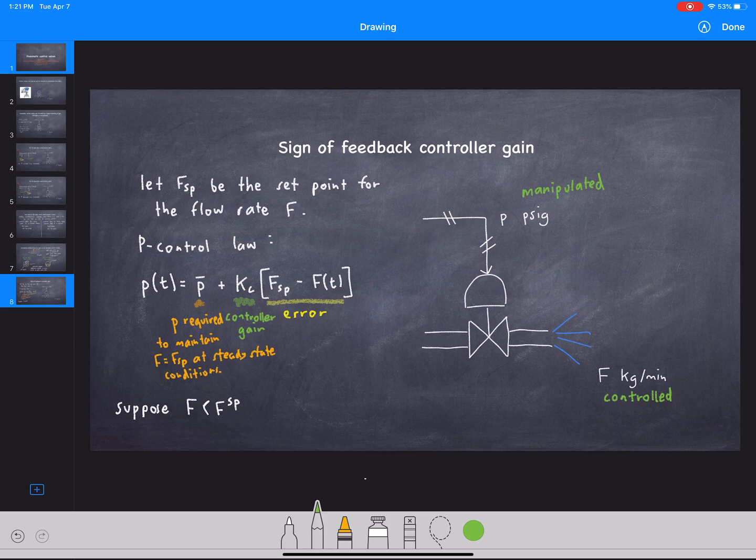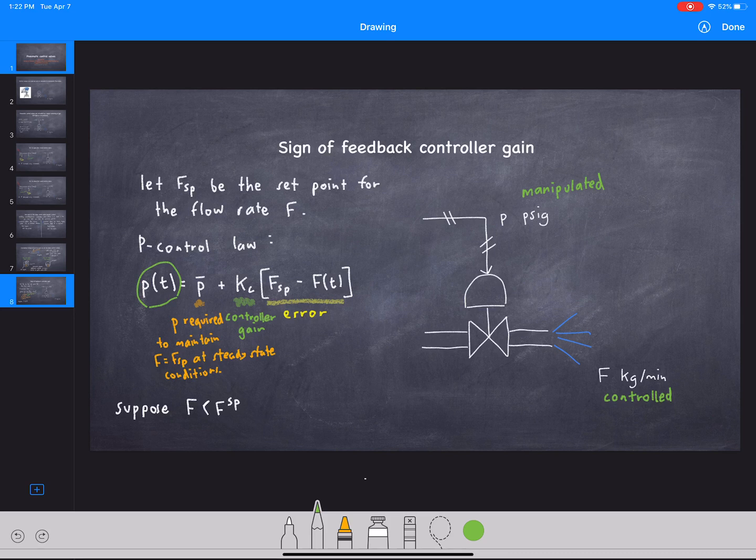So you specify the pressure P as P bar, it's an offset, plus a term that's proportional to the error. And the error is the difference between the set point and the actual flow rate, okay? And this Kc is up to our choosing, its magnitude and sign, and it's called the controller gain. So this is a setting of your P controller.